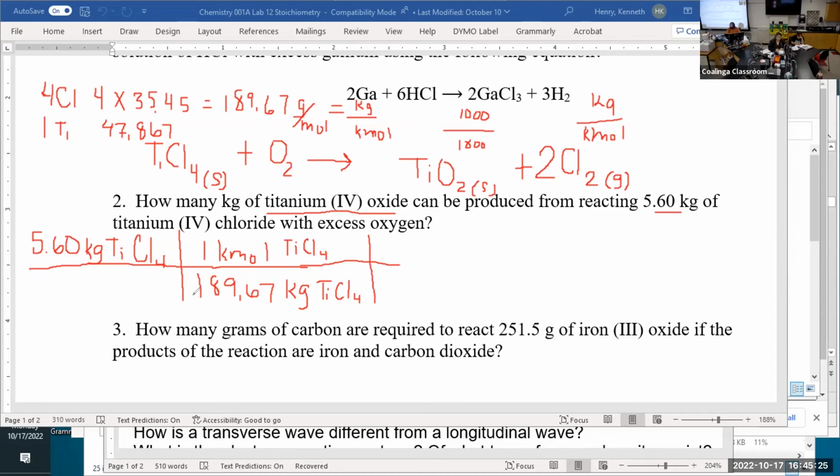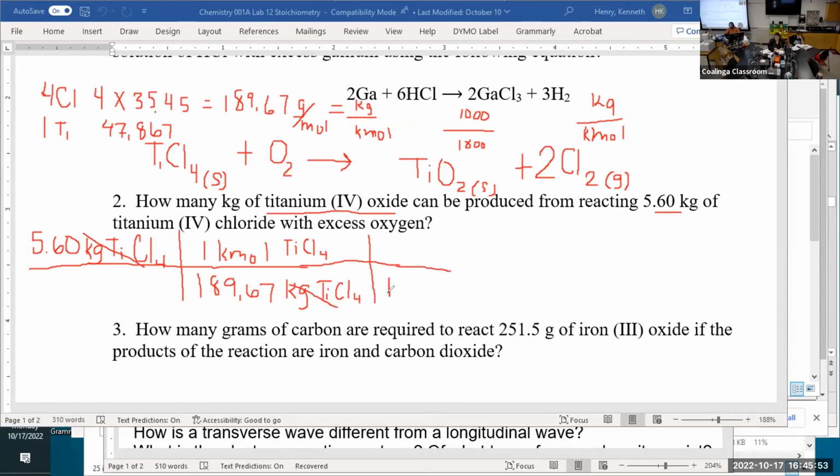Okay, so those units are going to cancel out, and then I would be left with just moles, right? Kilomoles. Now I know I have the ratio of titanium chloride to titanium oxide. What is that ratio? It's 1 to 1, right?